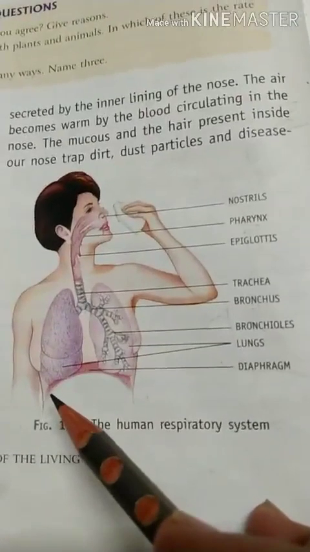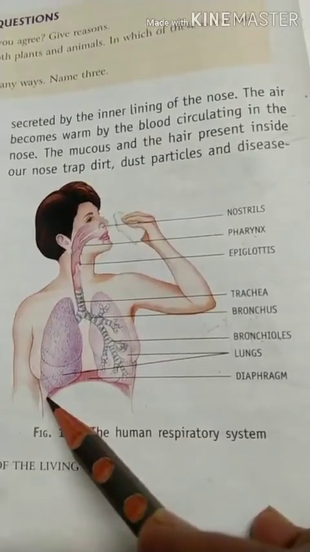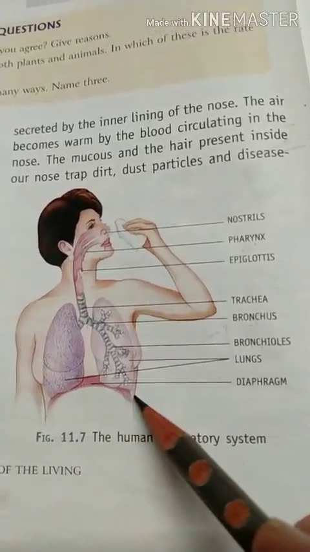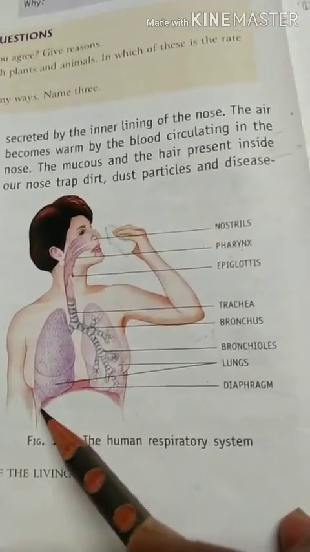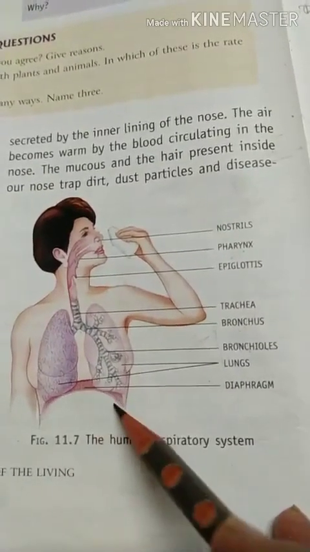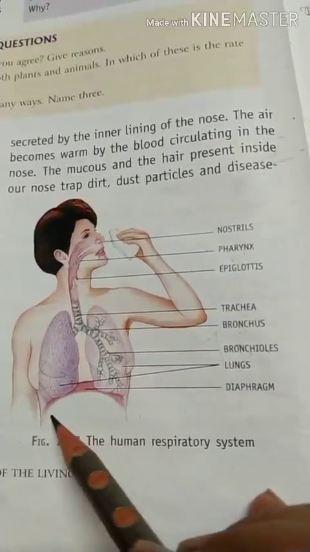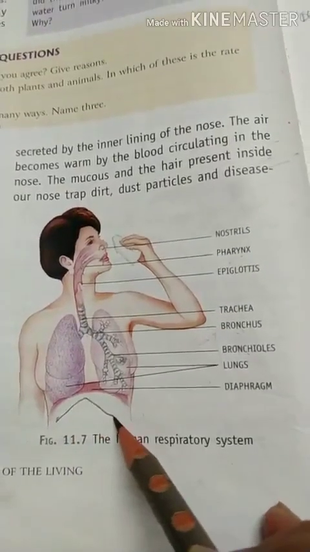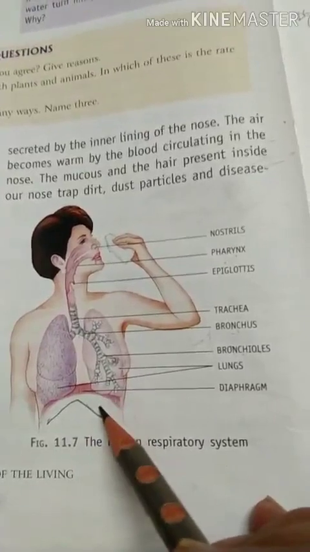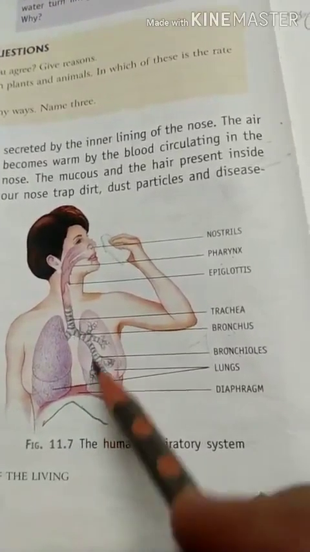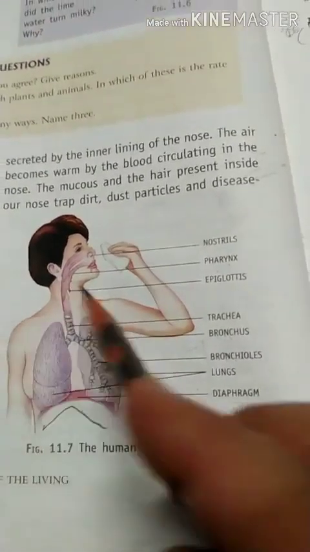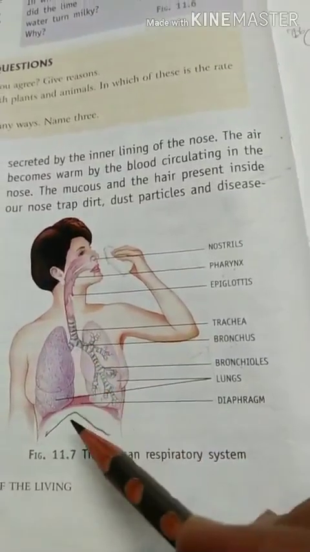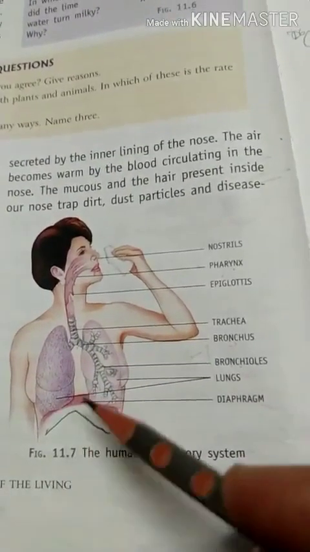And one more organ is there. This is called the diaphragm. Diaphragm is what? It's dome shaped. Dome means it is shaped like this. It is a dome shaped muscular structure which separates the chest cavity from the abdominal cavity. This is all the chest cavity, and below it is the abdominal region.